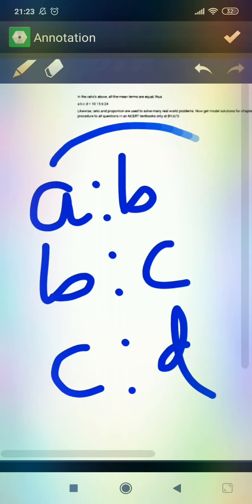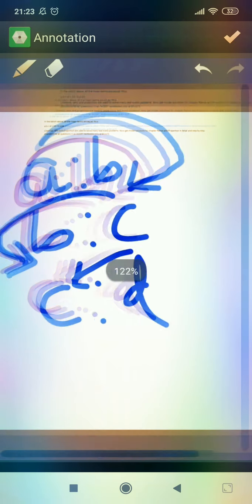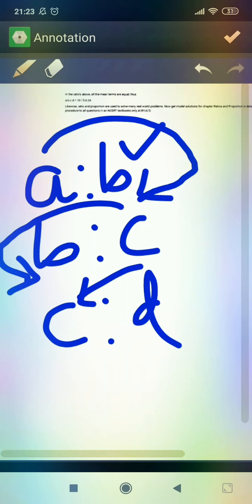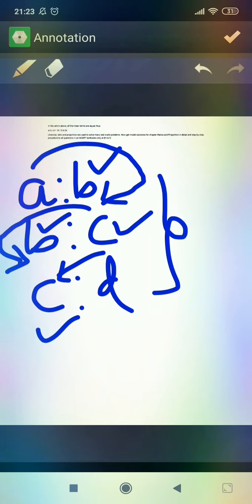What is this? Here A, here B, here C. We obtain the consequent of this is equivalent to the antecedent of this, and the consequent of this is equivalent to the antecedent of this. These ratios are not necessarily equivalent every time.